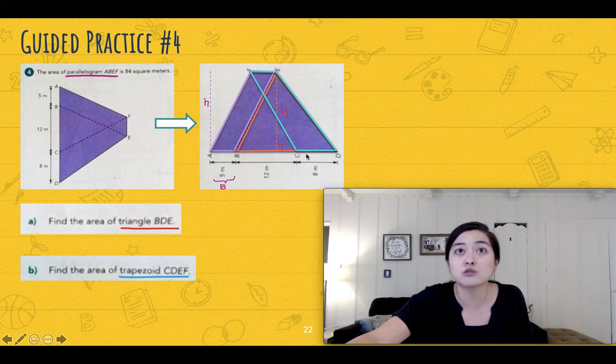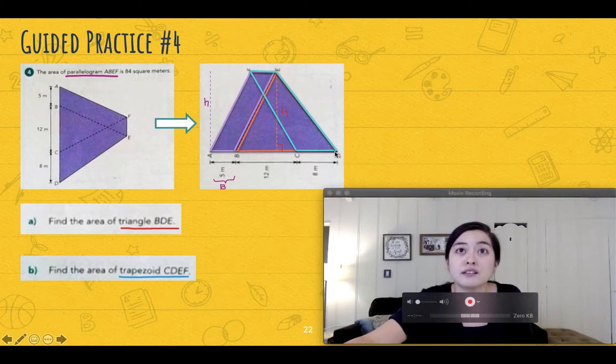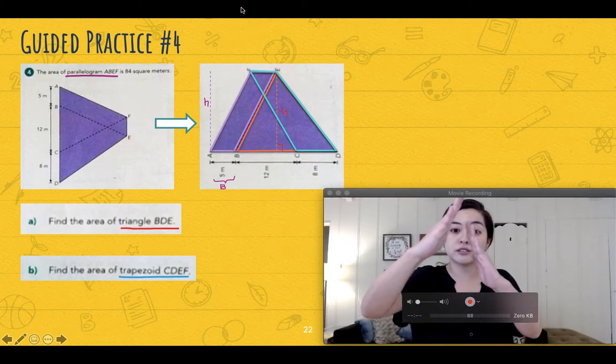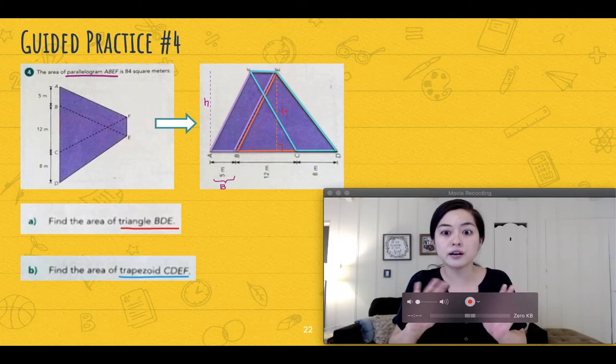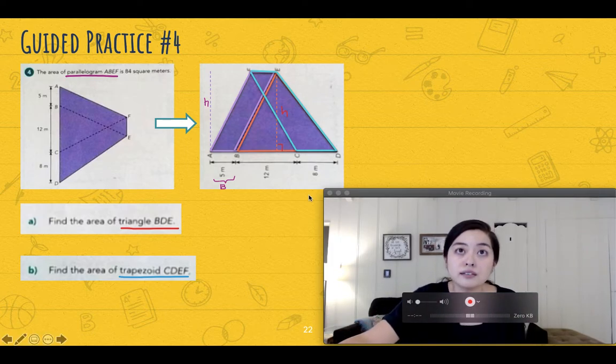These two are parallel, but these two almost look parallel, and they're not. Because if these line segments continue up, eventually they are going to intersect. So they are not parallel. Because there's only one set of parallel lines in this quadrilateral, it is defined as a trapezoid.